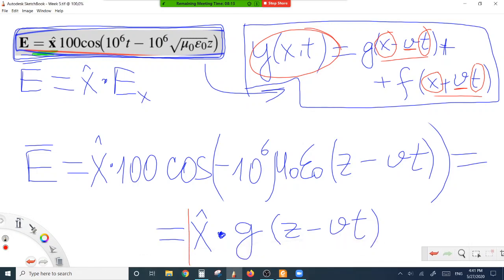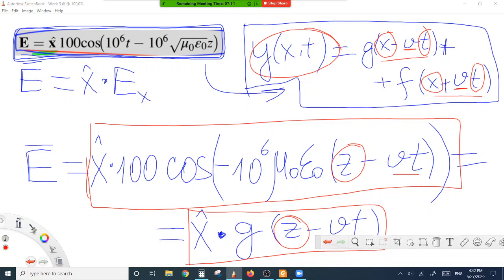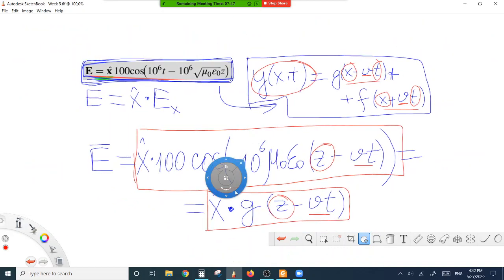We go back to our function here. We can see that instead of x here we have z minus vt. It means that the direction of propagation in our case is in the z direction.